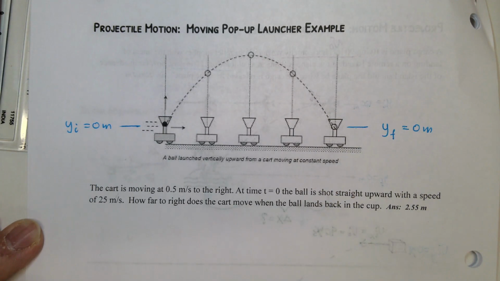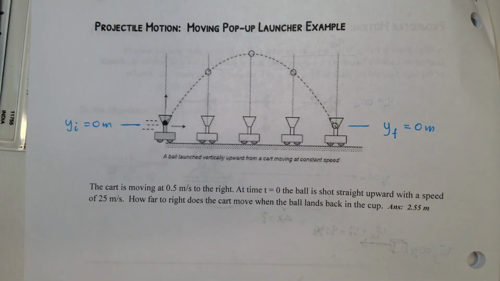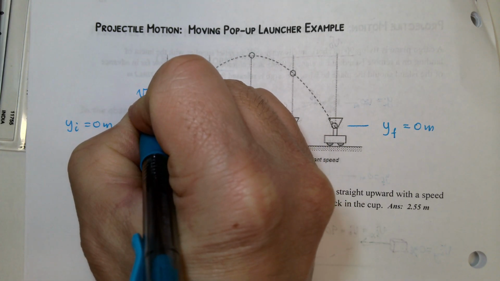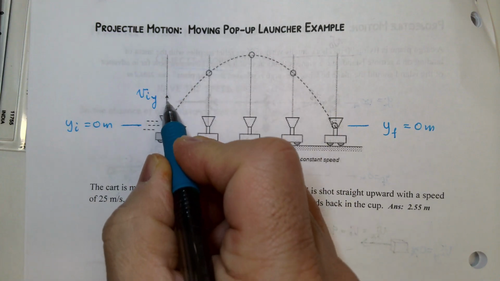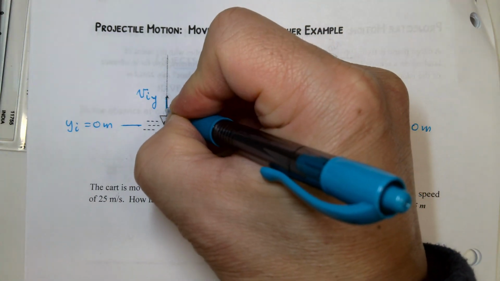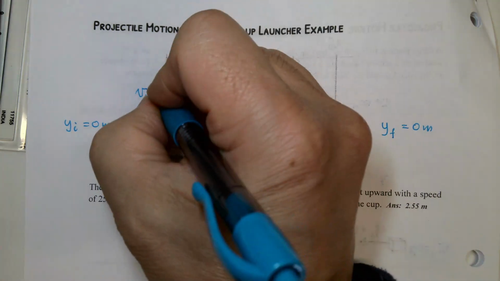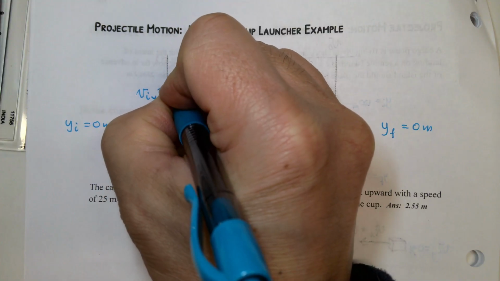Okay, for the ball, and the initial velocity, VIY of the ball, which is this right here, happens to be 25 meters per second. Okay?